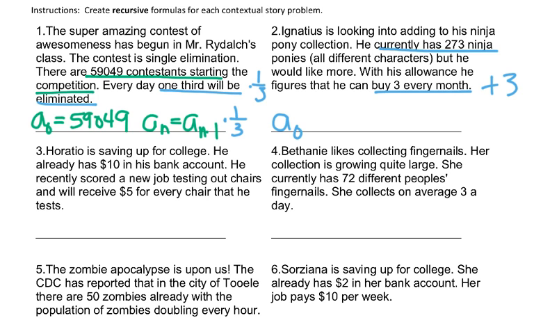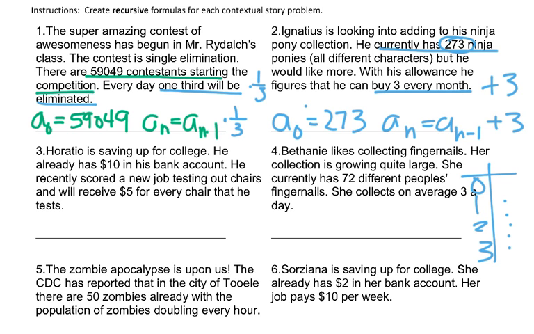I go a sub 0 equals my start, which was 273. Then a sub n equals a sub n minus 1, and this time we're adding 3. And that's all I do for my recursive. Again, it doesn't matter if it's geometric or arithmetic. Looking at the a sub n equals a sub n minus 1 helps us fill in this part of the table.